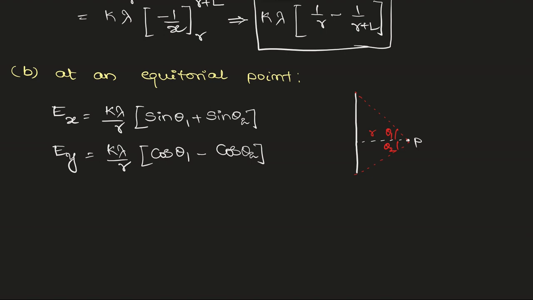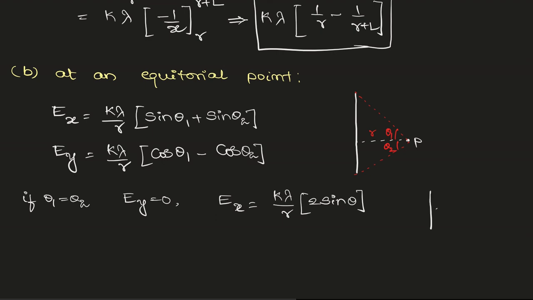And suppose they ask like this, if theta 1 is equal to theta 2, then the y component will be equal to 0 and we'll have the x component only. That x component will be equal to k lambda by r into 2 sine theta. Here, if it is exactly the perpendicular bisector point, then this will be R, and this length will be L by 2.